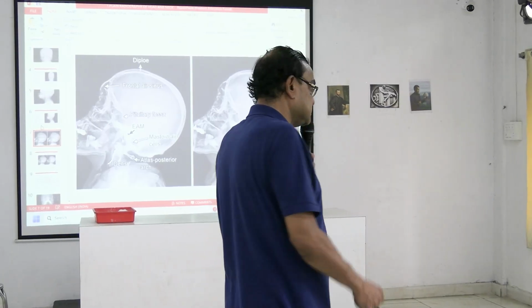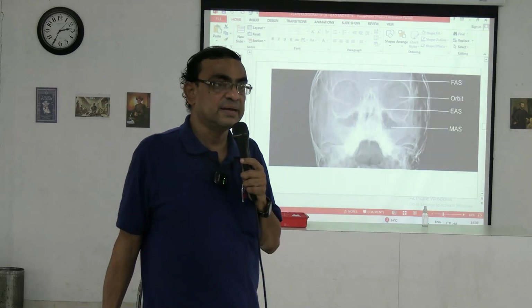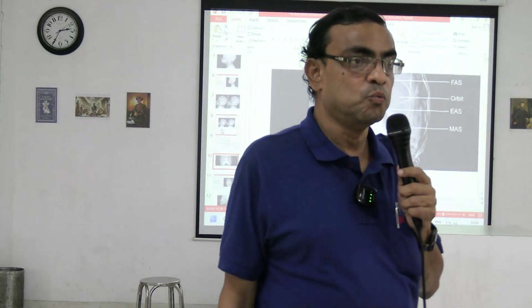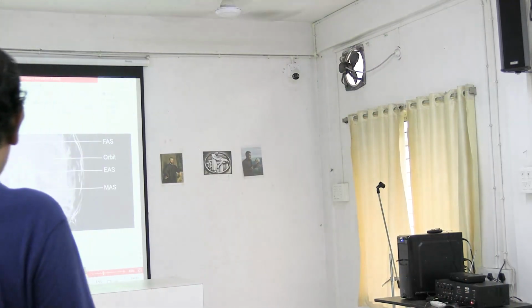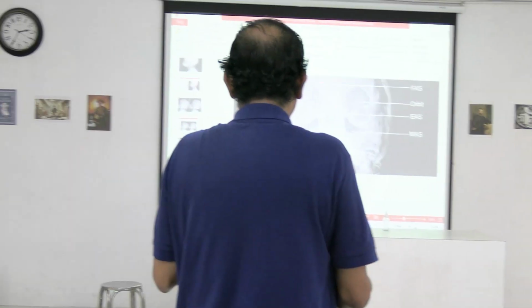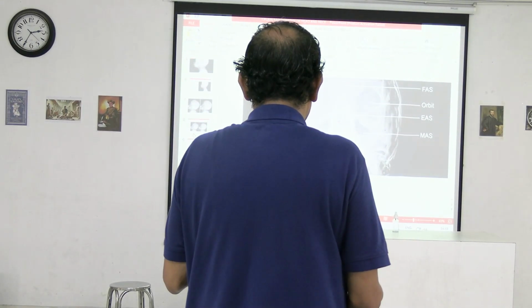So anterior, middle and posterior group of ethmoidal cells. Occipitomental view, OM view, where we can see the paranasal sinuses properly. Again we can see the frontal air sinus, maxillary air sinus.